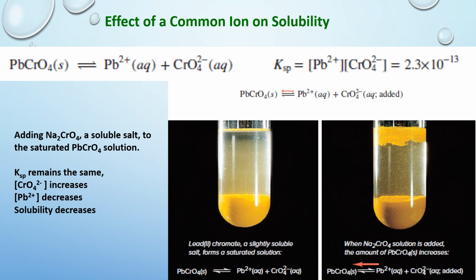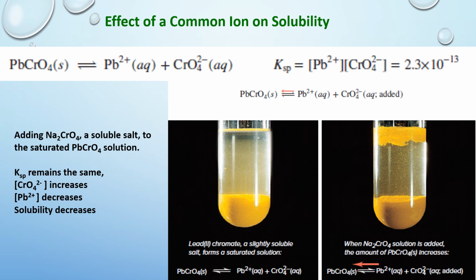Now let's take a look at the effect of a common ion on the solubility of the ionic compound. In chapter 18, we mentioned that the concentration of the reactant or the product can affect the equilibrium position. If we increase the concentration on one side, that will push the equilibrium position to the other side.